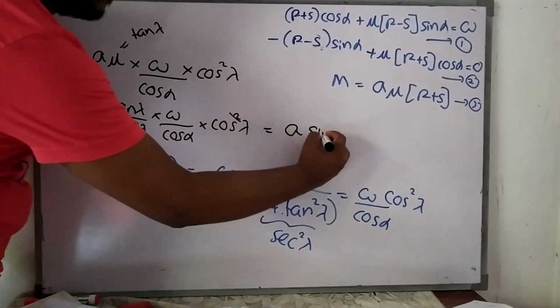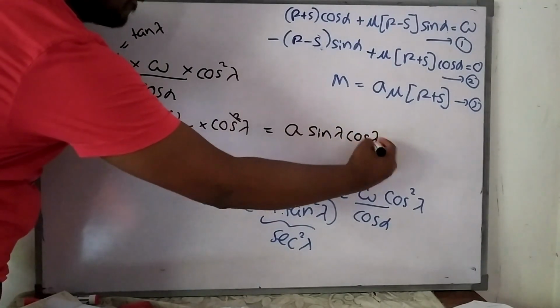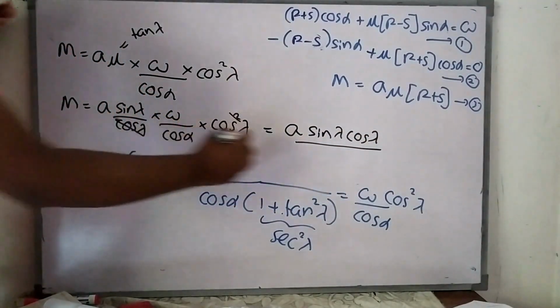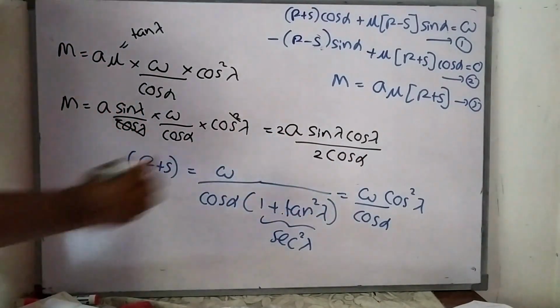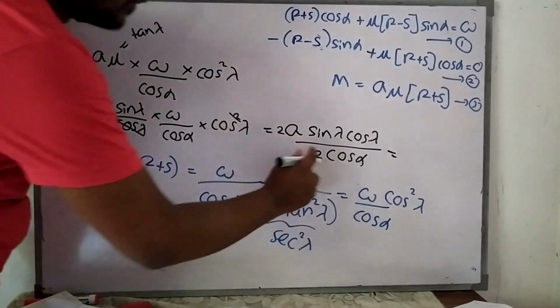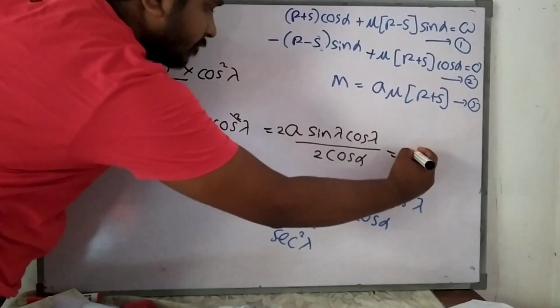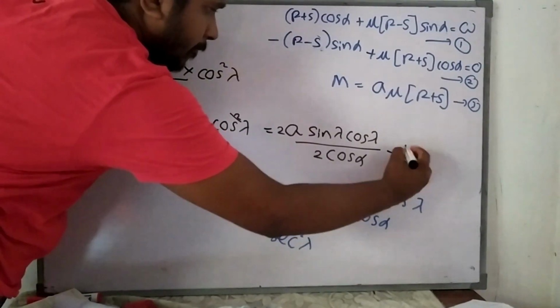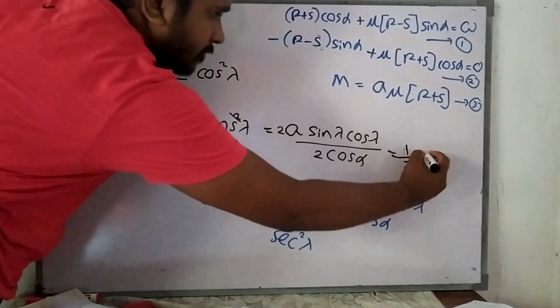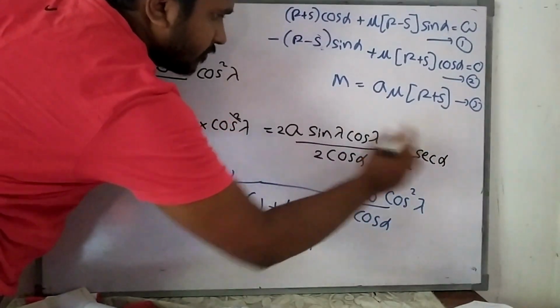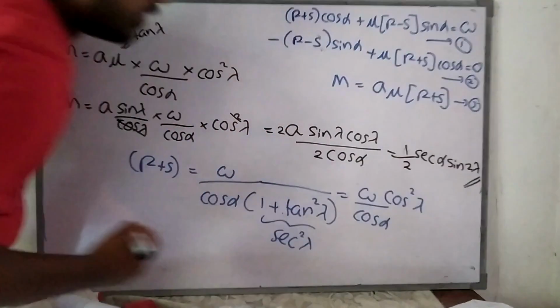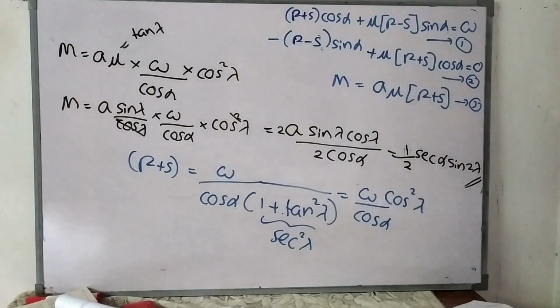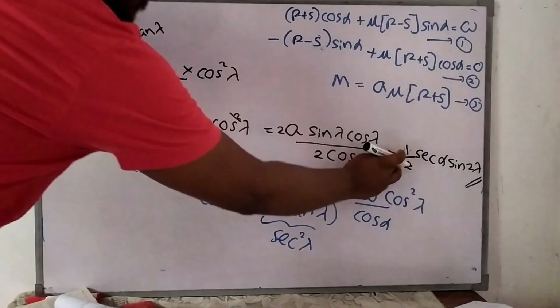We got sin lambda cos lambda over cos alpha. So actually the answer, we have 2 sin 2 lambda, no? So I'm just putting 2 and 2 for both numerator and denominator. The numerator will get sin 2 lambda, half sec alpha of course coming up, and sin 2 lambda. So this is the answer, capital M, the couple value.